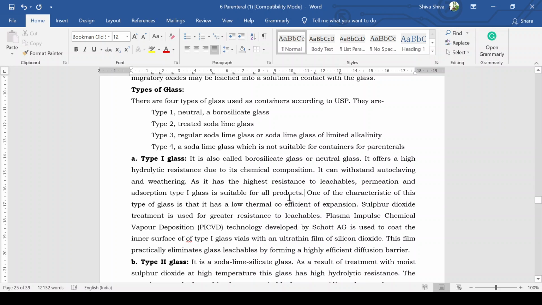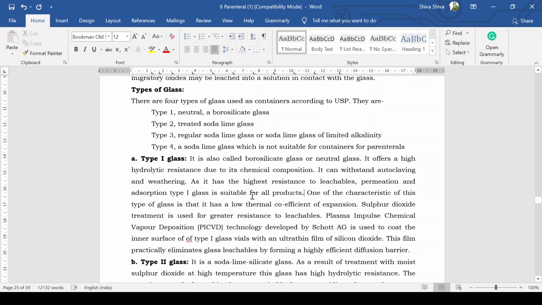So content of the product may adsorb on the glass container. So type 1 glass is the most useful glass as it does not leach, it does not cause permeation and adsorption.